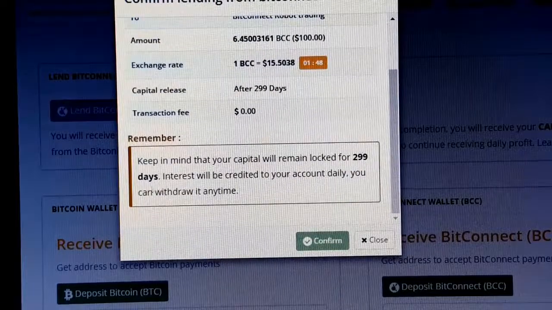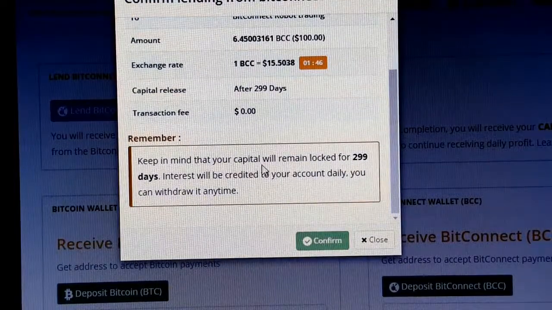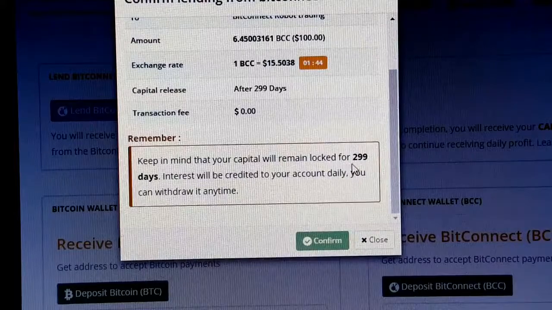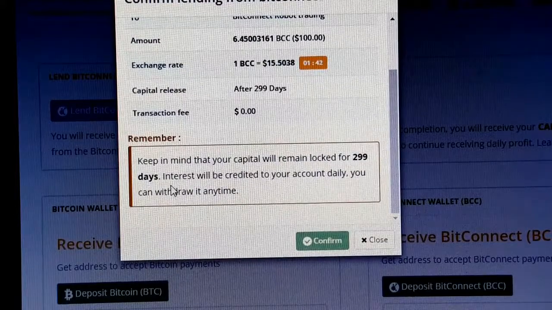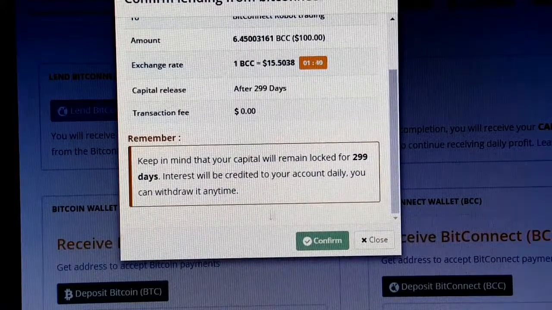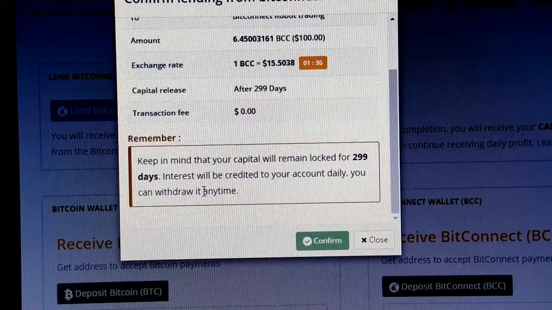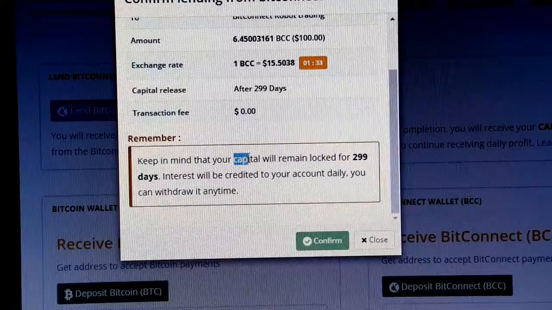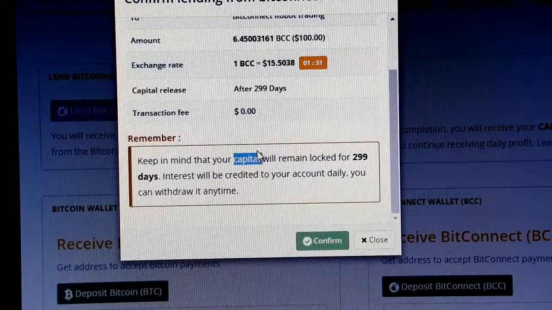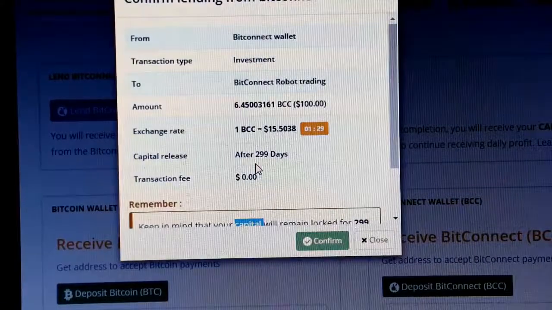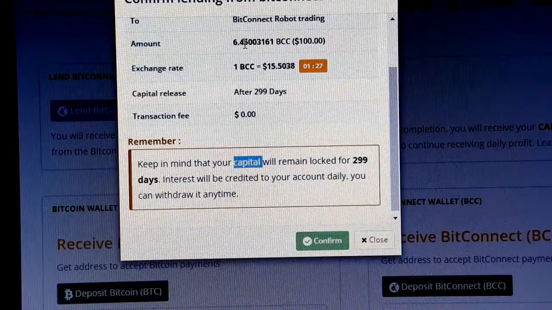And important, keep in mind, your capital will remain locked up for 299 days. Interest will be credited to your account daily. You can withdraw the interest at any time. Now, it's very important to see that this word says capital. That means that you're getting back $100 US, not tokens, right?